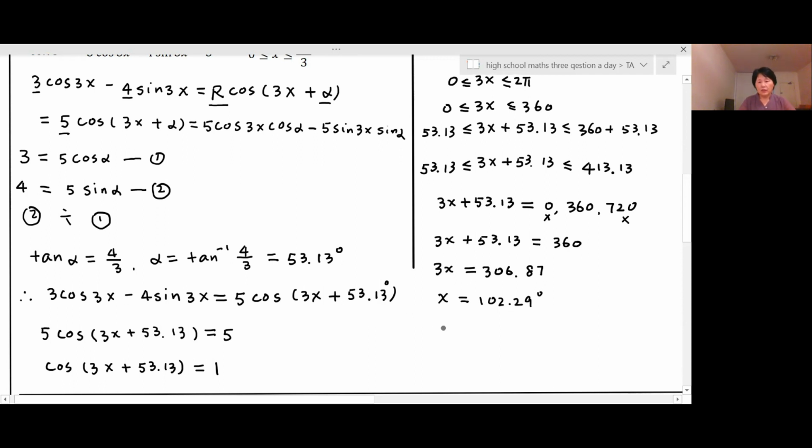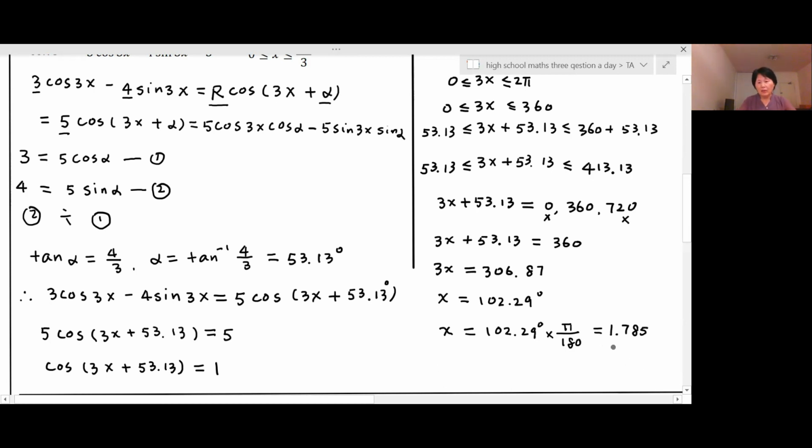But we have to leave it in radians. So x will be equal to 102.29 times pi over 180, which will be equal to 1.785. This is the radian.